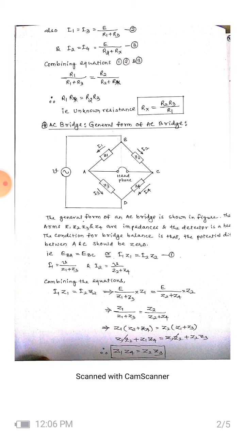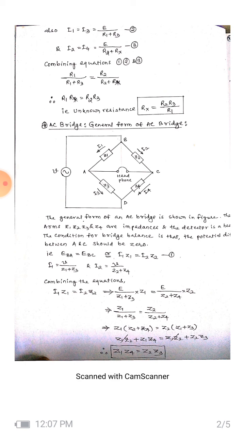We can see here there are 4 impedances, Z1, Z2, Z3 and Z4, and the null detector is the headphone. The general form of the AC bridge is shown in the above figure. There are 4 arms Z1, Z2, Z3 and Z4 which are known as impedances. The detector is basically a headphone.